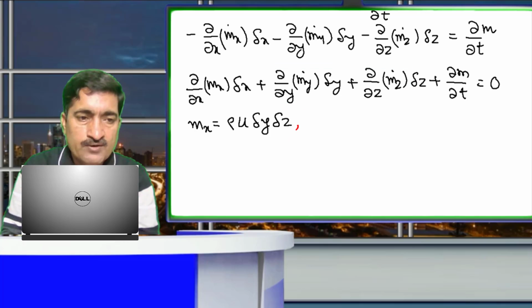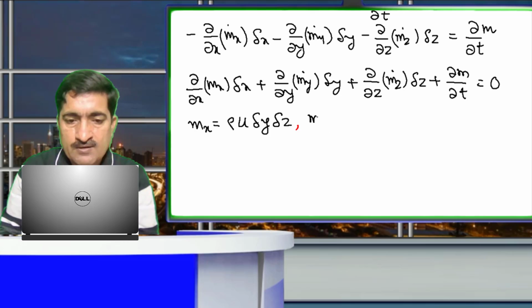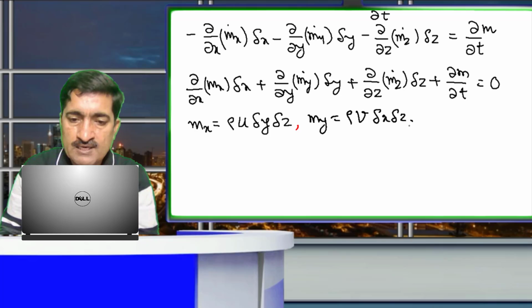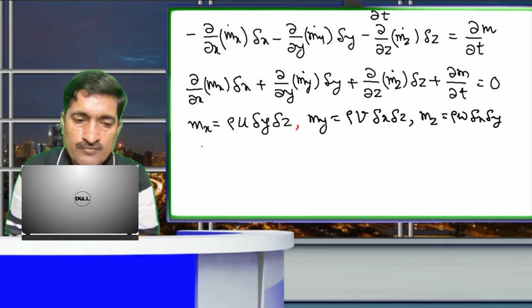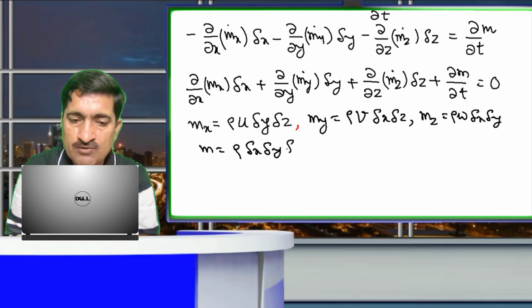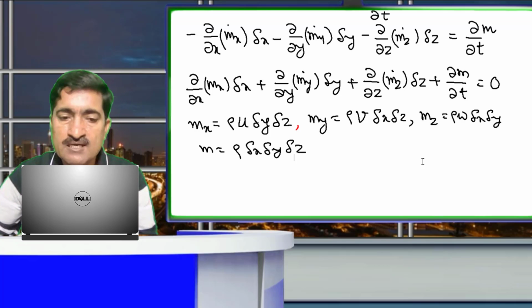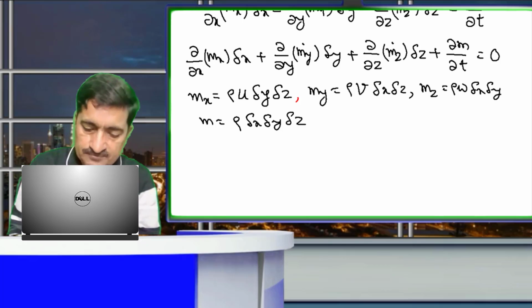And the mass of the element is density into volume of the element, delta x into delta y into delta z.